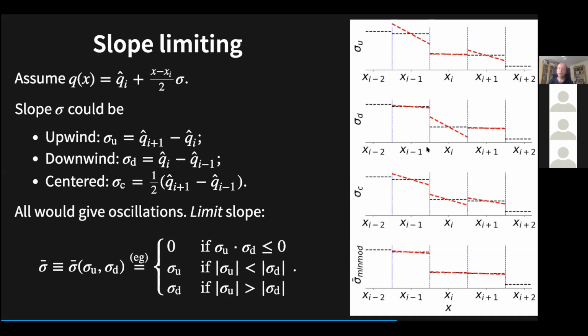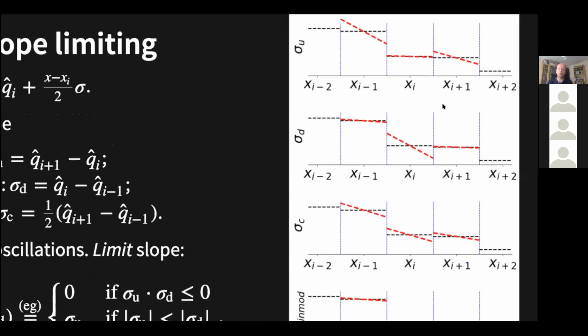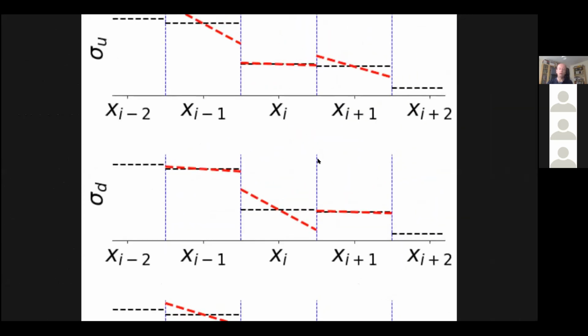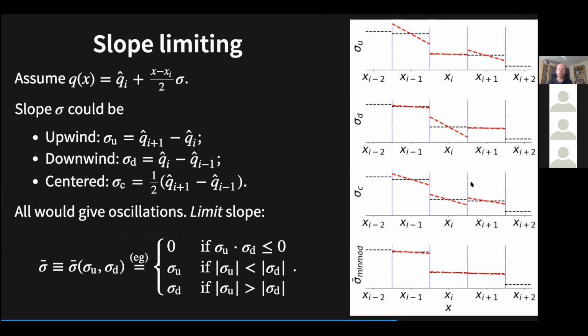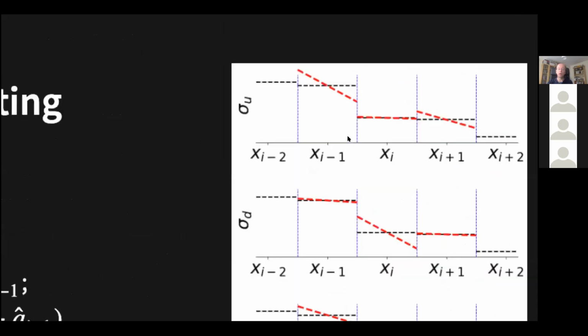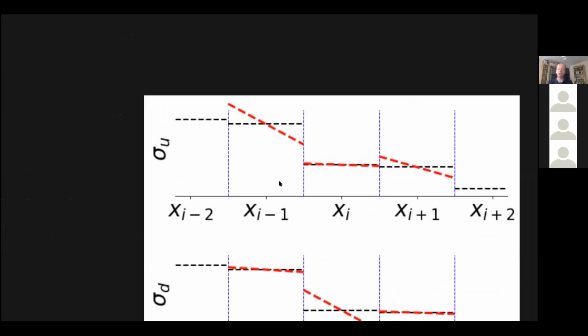But we can see from the top right-hand figures that all of these separate slopes are going to give us oscillations individually. So for example, the downwind slope gives us big jumps in this central cell xi. The centered slope gives us big jumps everywhere, and the upwind gives us big jumps in this cell xi minus 1.